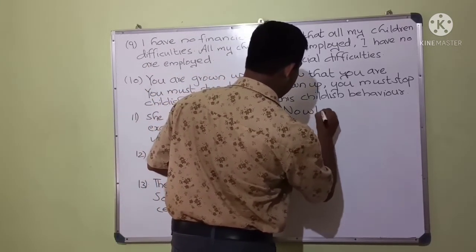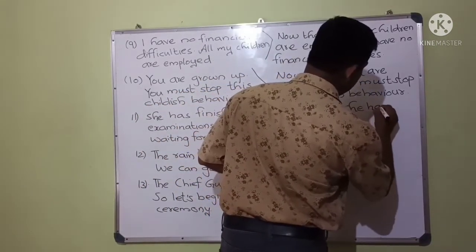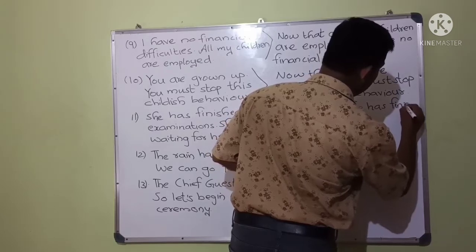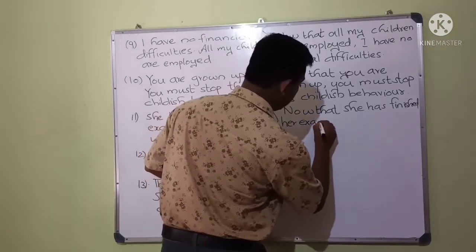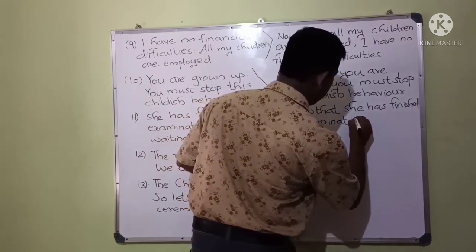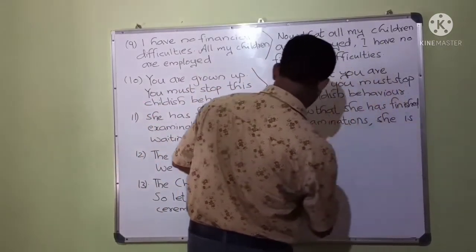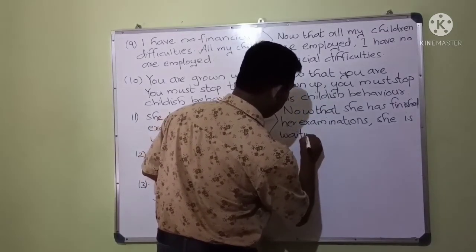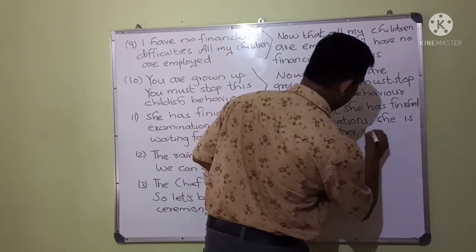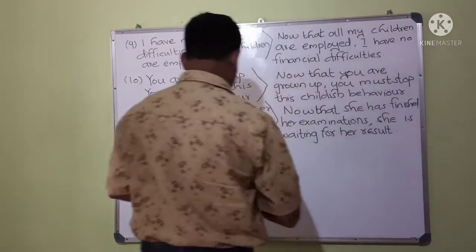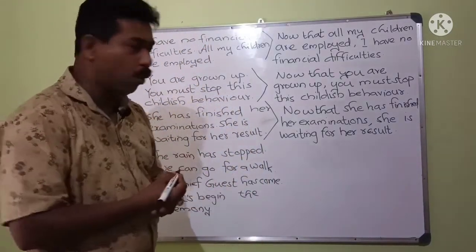Now that she has finished her examinations, comma, she is waiting for her result. 12th one, the rain has stopped, we can go for a walk.